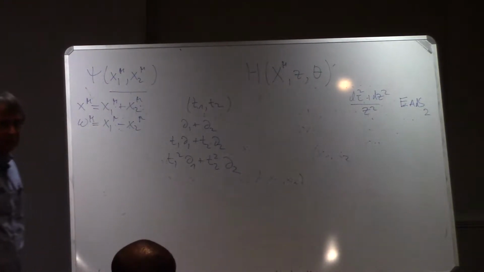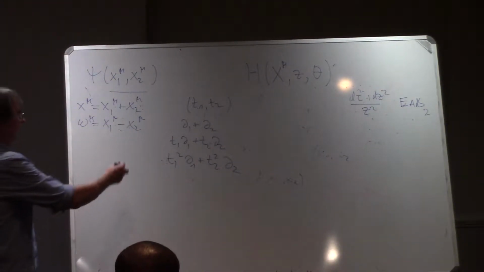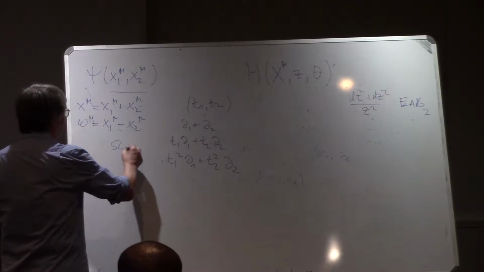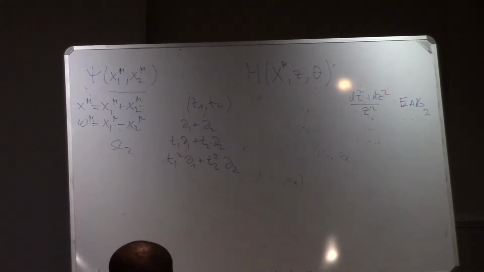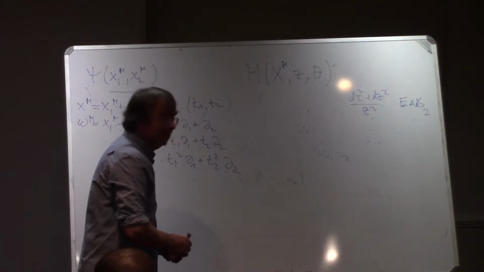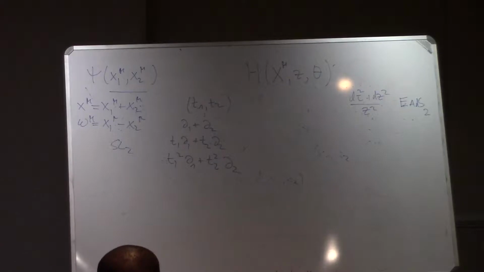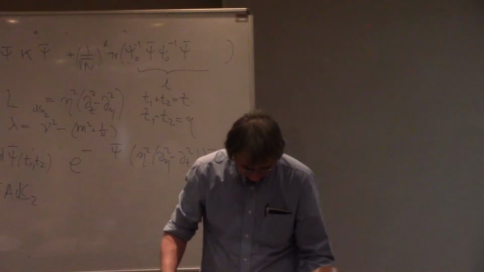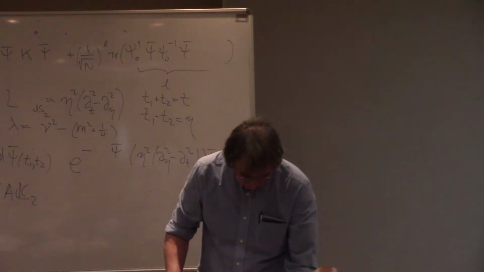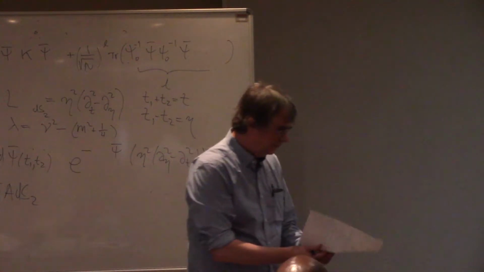That is how the conformal SL2 acts. So SL2 acts on the bilocal space, and the conformal group on the Euclidean AdS. That's just some factors of 2. Very simple.